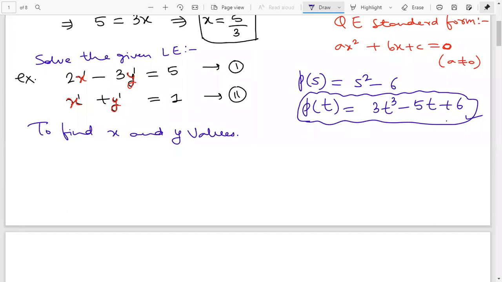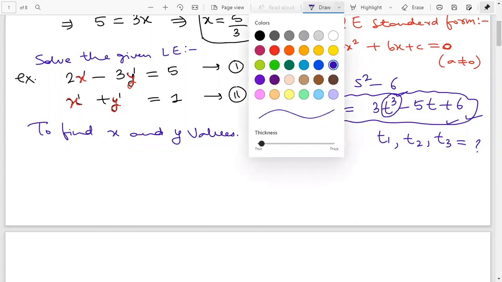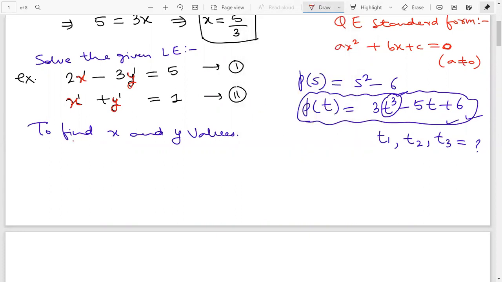Earlier, solving was to find the t values, where the maximum power of t is 3, so 3 zeros or 3 roots, t1, t2, t3, would come. In a pair of linear equations, we have to find the x and y values. So anyone, any idea how we can find x and y values from the given equations?